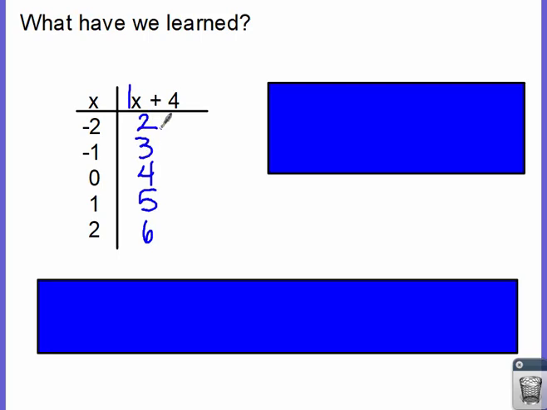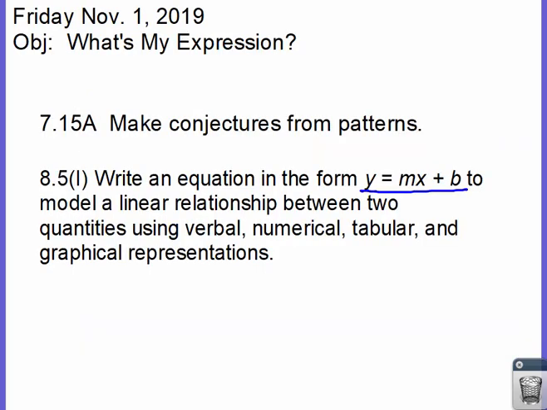Now, to check this, we pick some value other than the 0 to plug in to see if it works. So I'm going to take this 2. 1 times 2 gives me 2, plus 4, does that give me 6? Yes, it does, and it works every single time. The reason why goes back to that standard we talked about a few moments ago, y equals mx plus b.